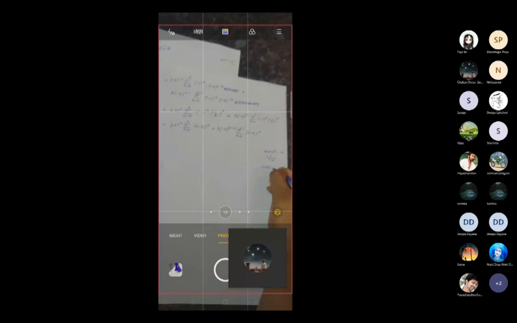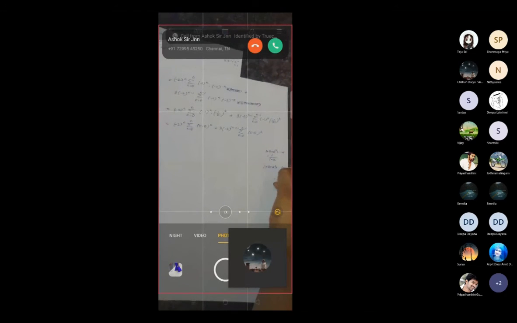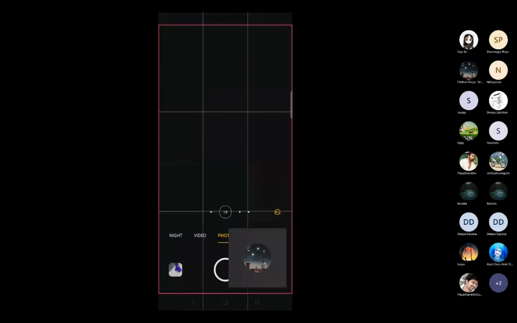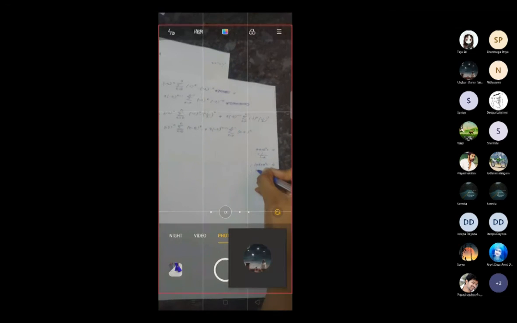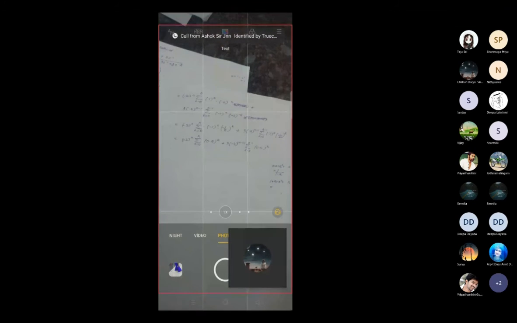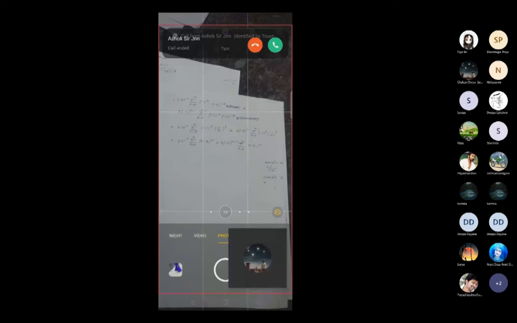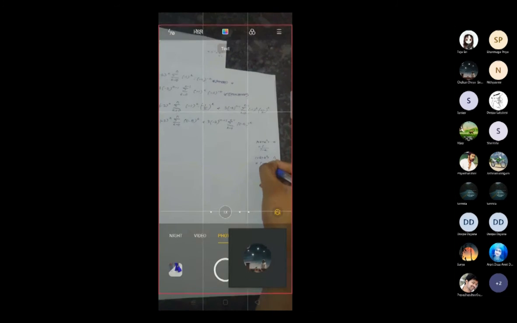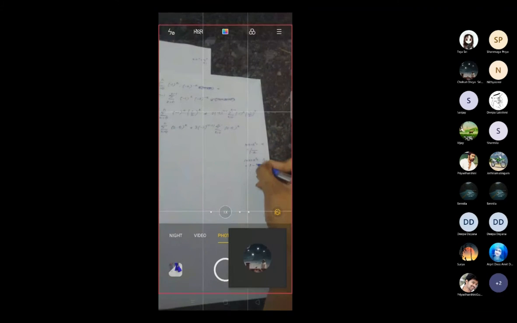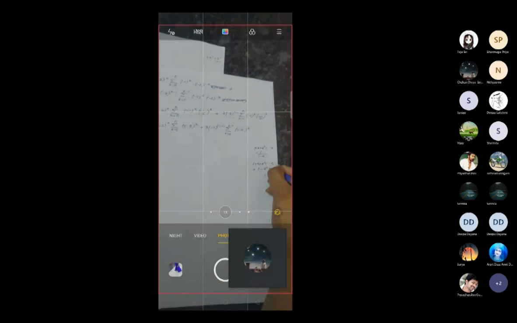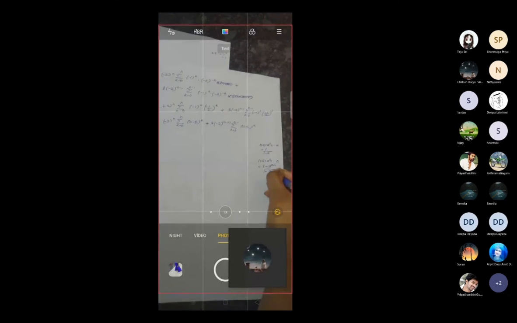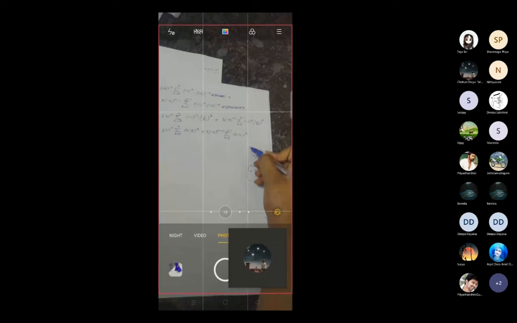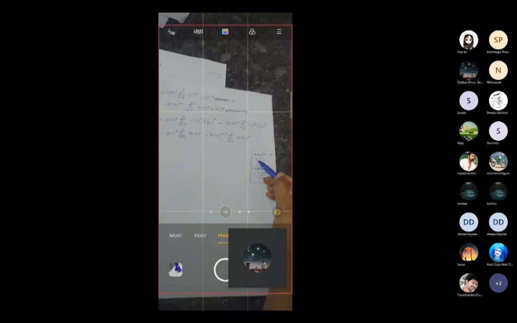So 1 plus a squared plus up to n means you have to write (1 minus a^n) divided by... plus 1 divided by 1 minus a. Okay. So you have to use this expression. Up to infinity means you can write 1 divided by 1 minus a.